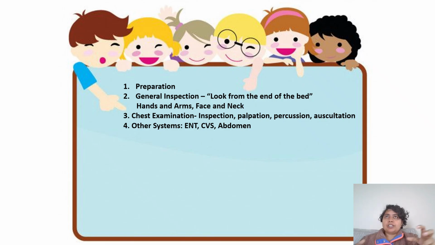And also whether to do a chest x-ray or not. If you find that the child is not improving or is worsening after initial management, you would think of doing an x-ray. Or if you have any consolidation or decreased breath sounds anywhere, you would do an x-ray to rule that out, or if there is any effusion or pneumothorax.